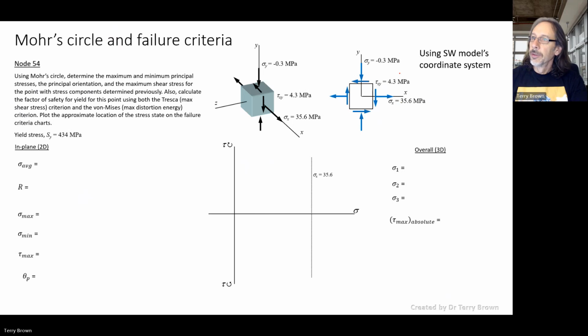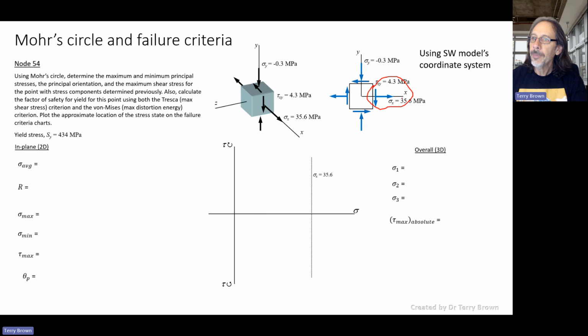So if we've got these two stresses here, to plot a point, we need the horizontal ordinate or coordinate. That's 35.6. So the point we're going to draw is somewhere along this vertical line.